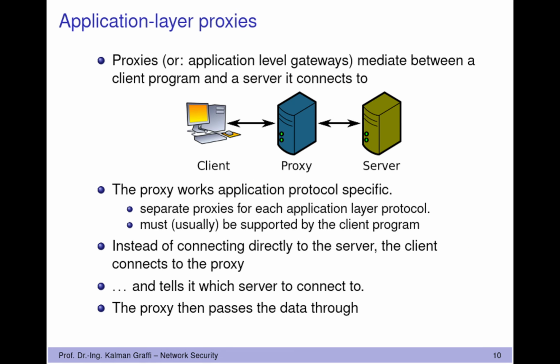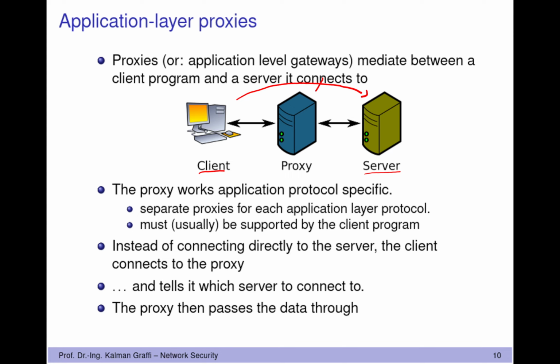Let's have a look at proxies. This is what we had in the exercise before. Typically, it sits between the client and the server, so the client is not directly communicating with the server. Typically this path is blocked, also with a firewall.